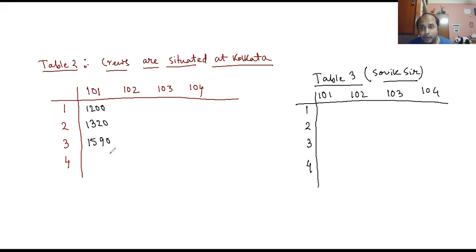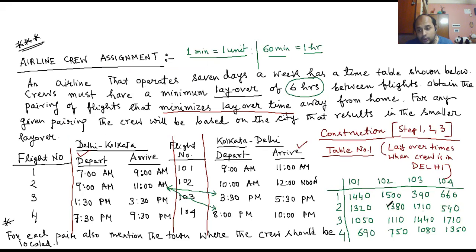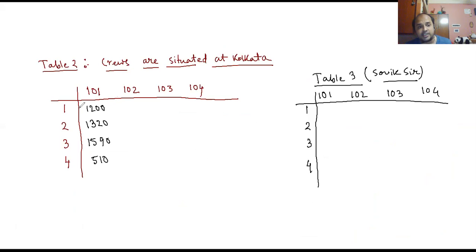Although I have not changed the structure of the matrix, I kept 1 2 3 4 over here and 101 102 over there, but actually you see what is happening.